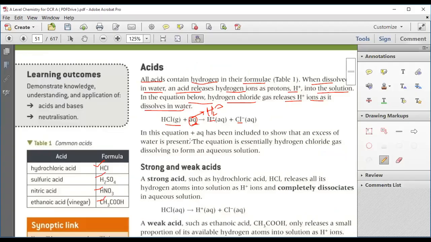Now base. Okay, we will just read out what they have for acid. Now in this equation, this aqueous has been included to show the excess of water present. Aqueous means excess amount of water, and the equation is essentially hydrogen chloride gas dissolved to form an aqueous solution. It means that HCl gas dissolved in water gives you H positive ion and Cl negative ion.